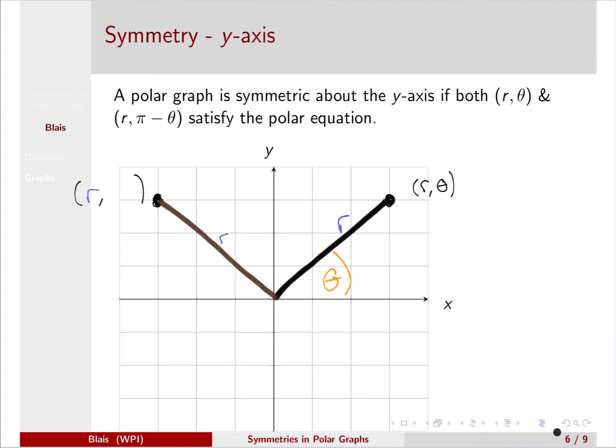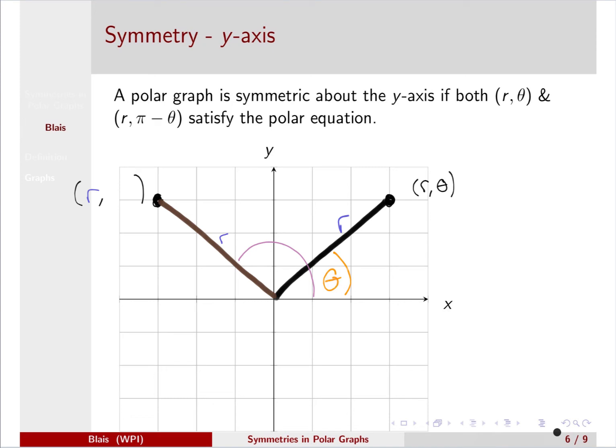But if we think about the angle, this new angle, which would be this angle here, how does that relate to theta?